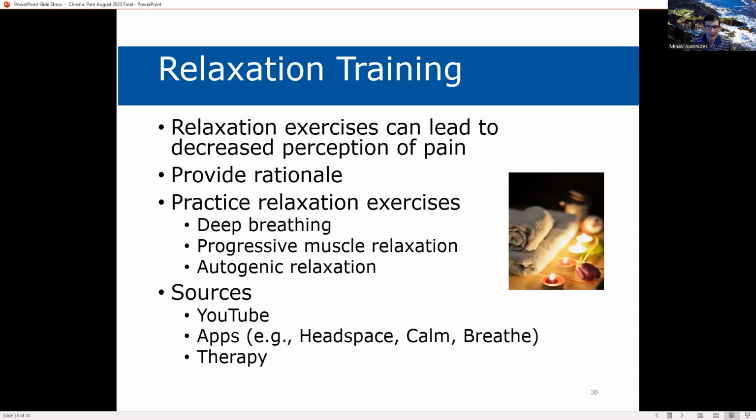Relaxation training talks about how to hopefully perceive the pain in different ways so that you're able to function in society better, have a better life.